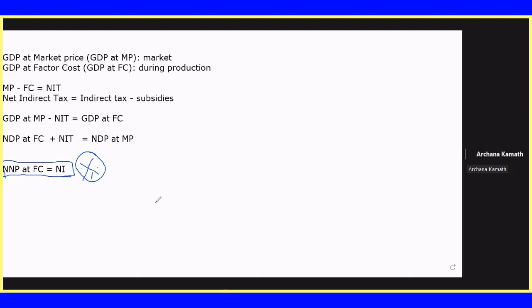Can we start working on some numerical examples? And there are three methods. We'll first build the base, and after that we'll look at the methods. Questions are generally based upon the methods, not just practical examples.